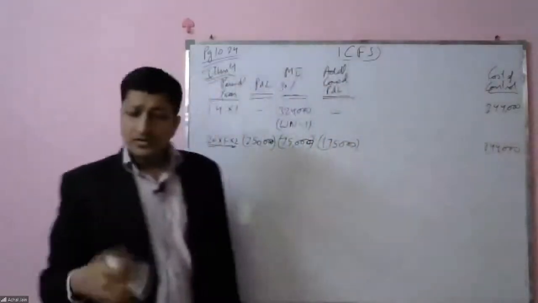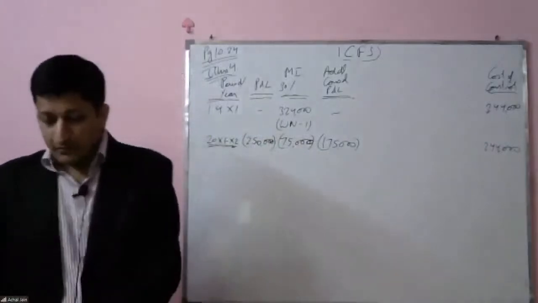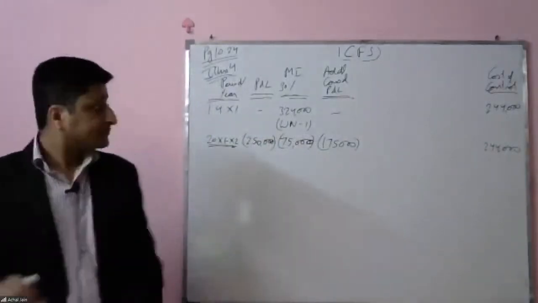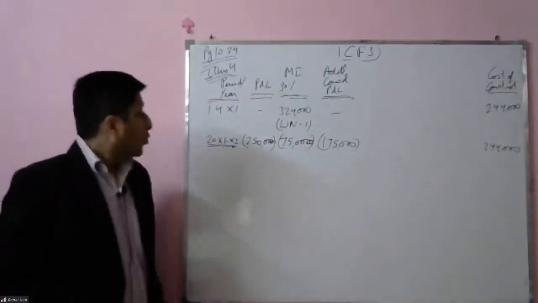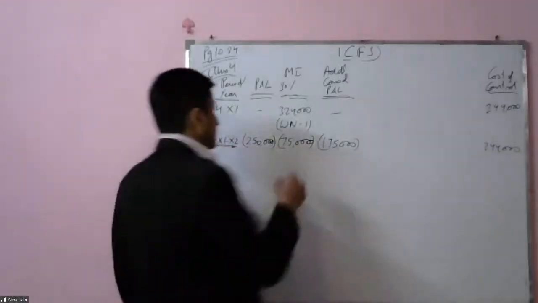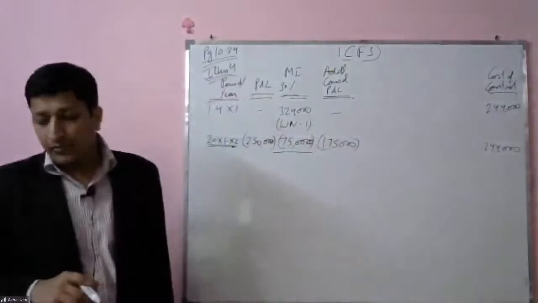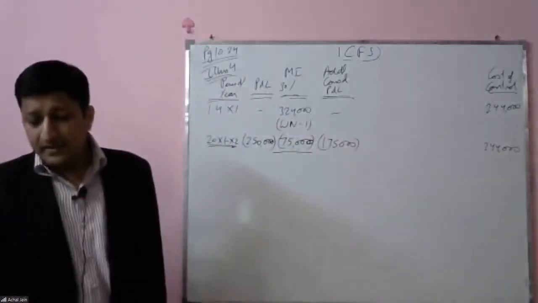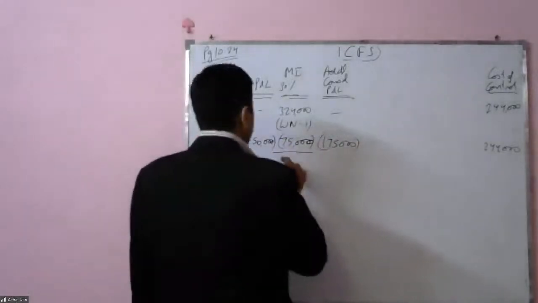Goodwill will not change, and we are not looking at the amortization. Now, on this date, what will be the balance of minority interest? It will be 3,24,000 minus 75,000, which becomes 2,49,000.